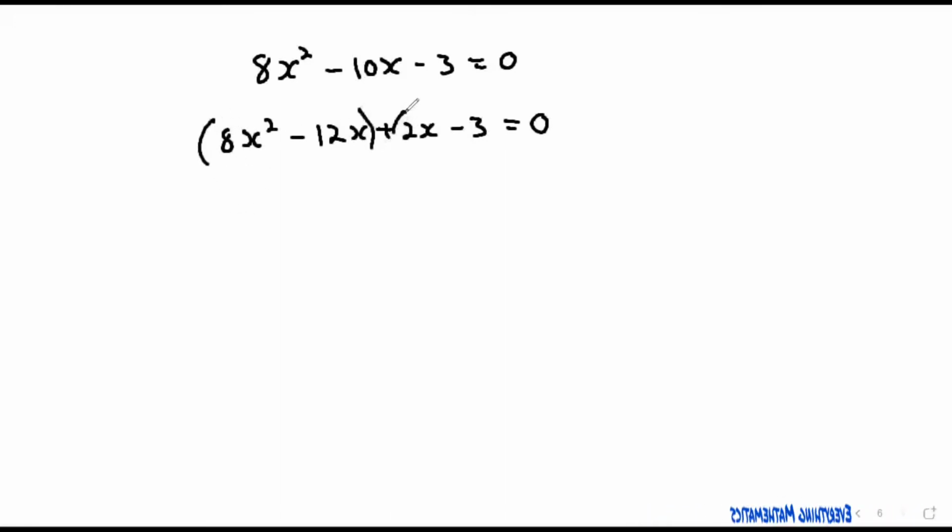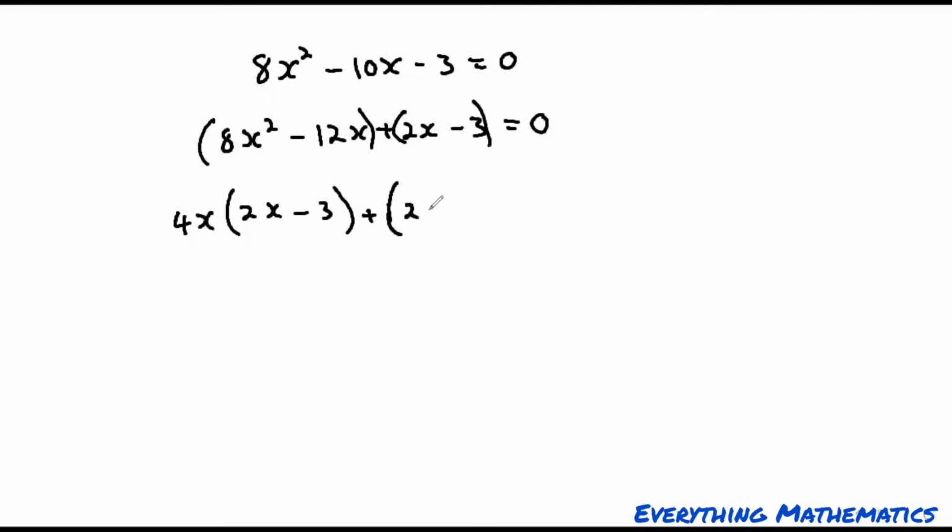When we group here and we group here, in this one again, we will have now 4x here. That leaves us with 2x minus 3. Looks familiar. And over here now we have 1 as a factor, but we don't need to write that 1. So that will leave us with 2x minus 3. Okay, good. And that's equal to 0.